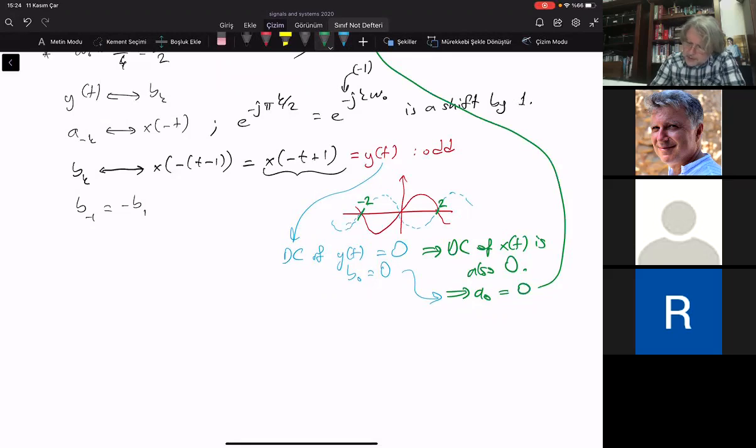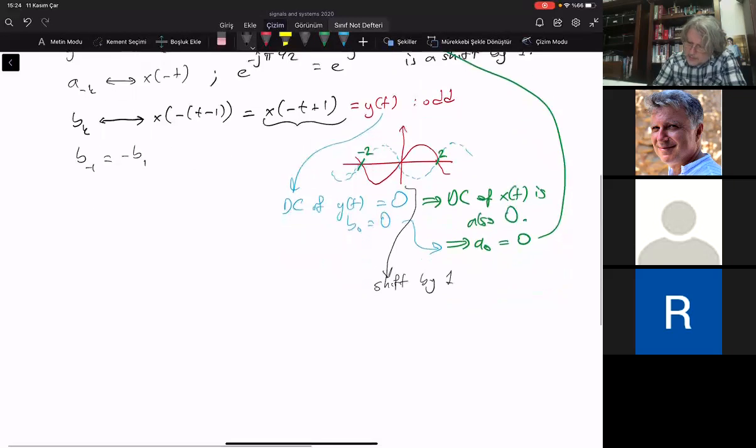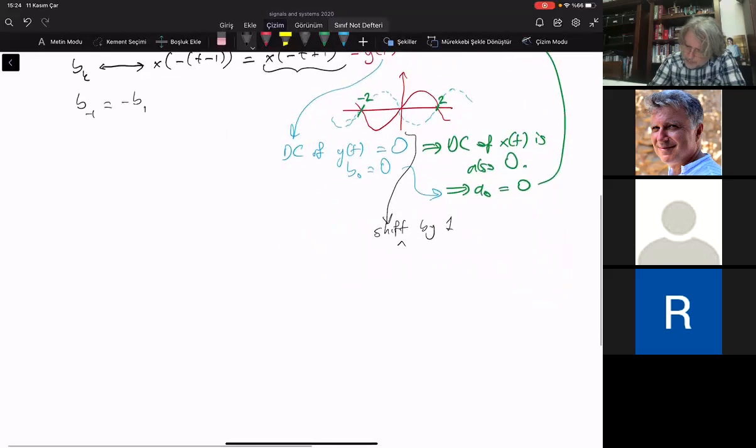Now, if I shift this by 1, if I flip it around, it will be the other sinusoid. It will be either the blue or the red sinusoid. We don't know which. But when we shift, it's going to be a cosine.